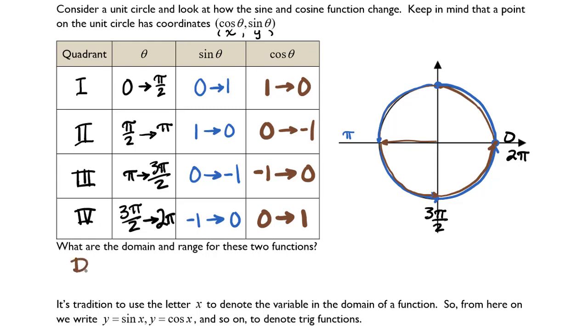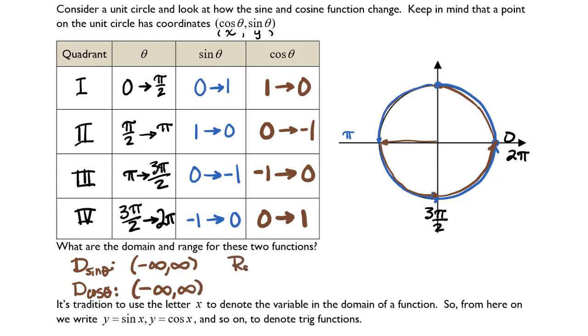If you wanted to list the domain for sine of theta, that would be all real numbers. And the domain for cosine of theta would also be all real numbers.